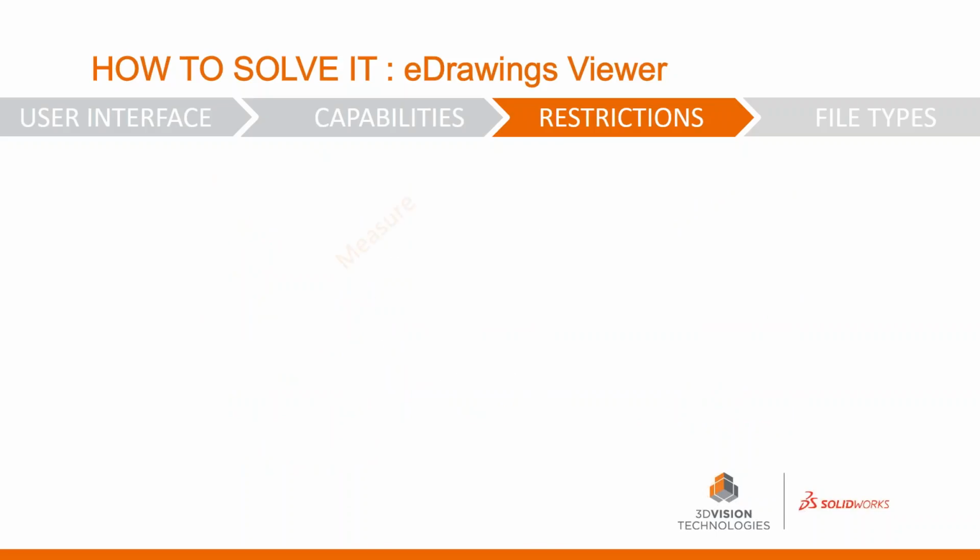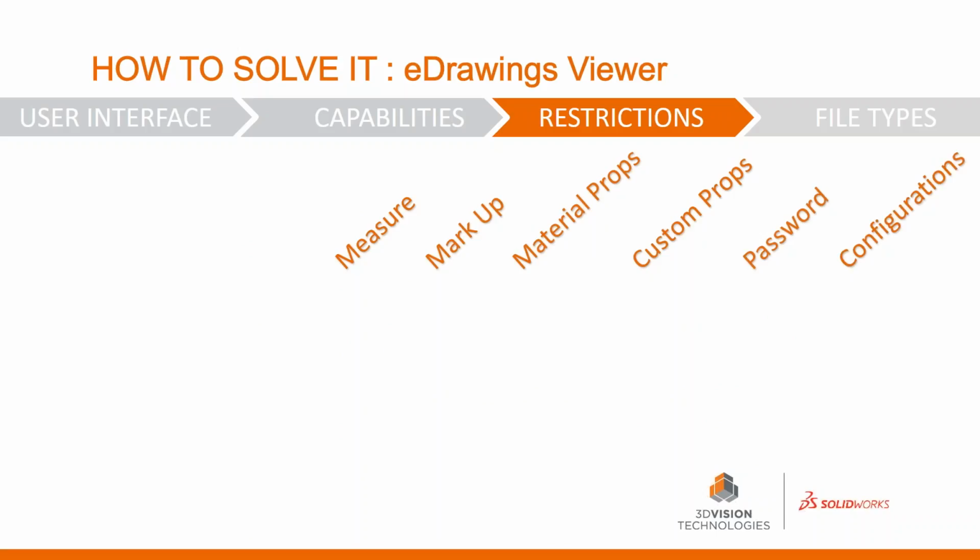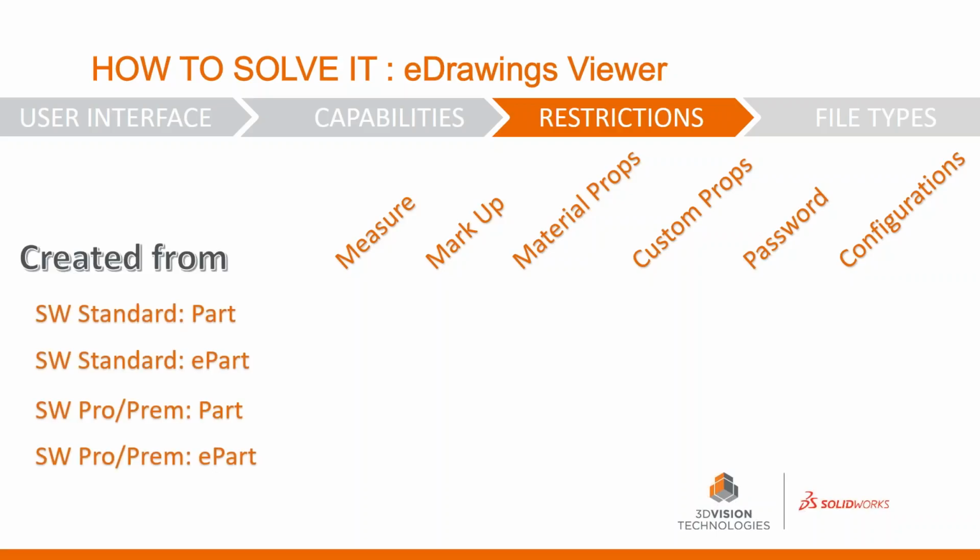There are no limitations with rotating, zooming in, zooming out, all of that kind of stuff with our model, but some of the other features may be limited depending on what type of file we're looking at and where it's coming from, such as measuring, marking up, looking at properties, adding security, and looking at our different configurations. It's actually more important where that file is coming from, not necessarily where we're viewing it.